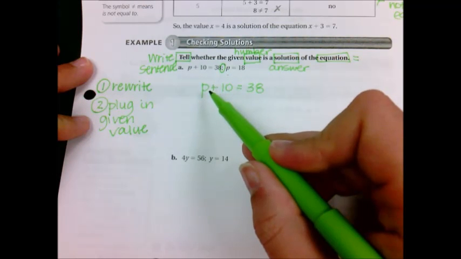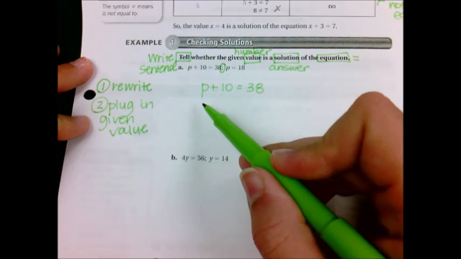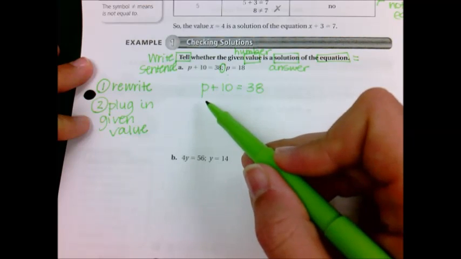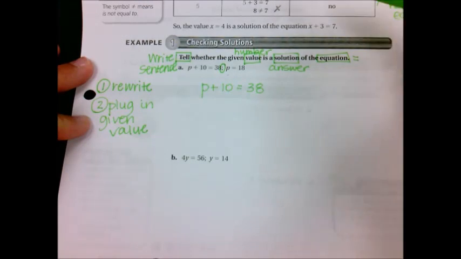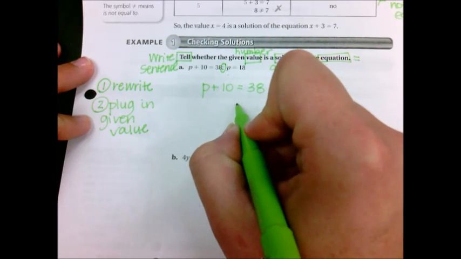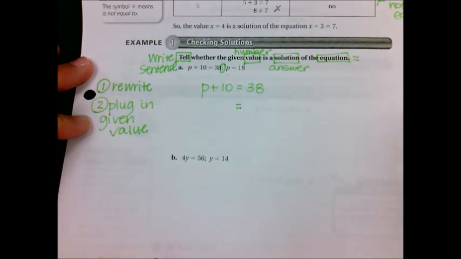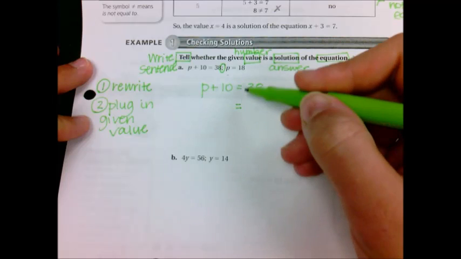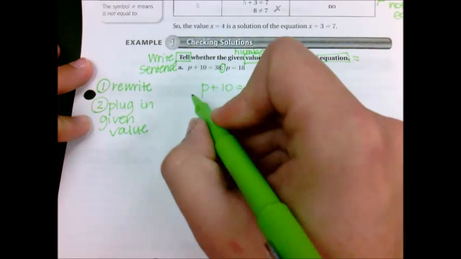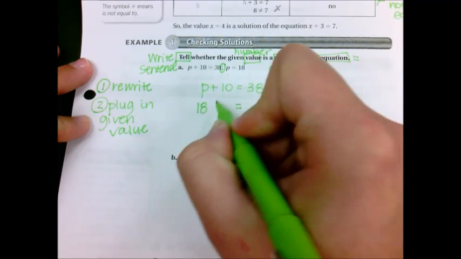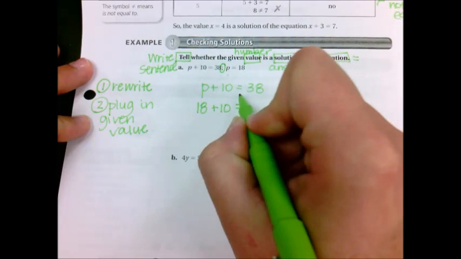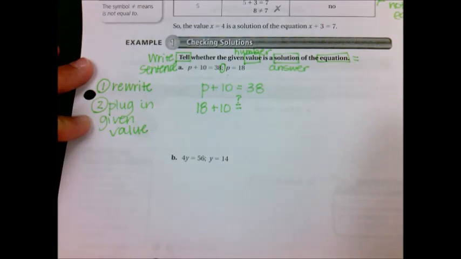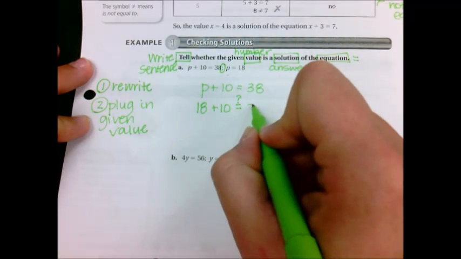So where I see p, I'm going to write down the number 18. As I mentioned up at the top of the page, our equal signs should be lined up in algebra. So I'm actually going to do my equal sign first so that I make sure everything is nice and lined up. 18 goes in where p is, plus 10, and I'm asking, does that equal, so I put a question mark there, 38.